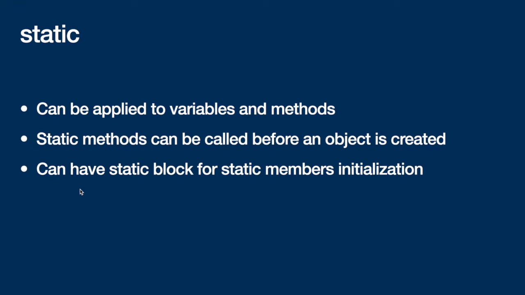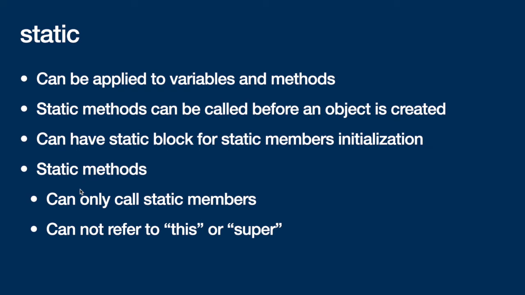The commonest practice is to have a static block in the class definition for initialization of static variables. We will see that in our exercises. The peculiar behavior of static methods is that they can only access static members.